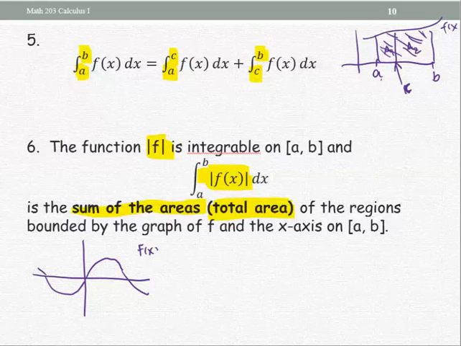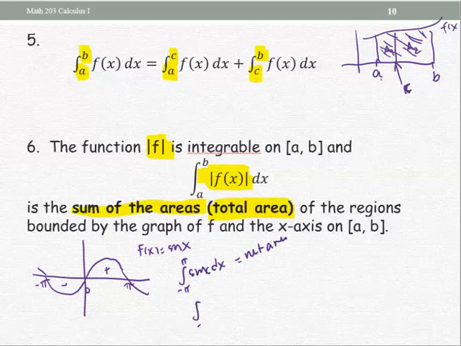For example, f of x equals sine x from negative pi to positive pi. From negative pi to 0, the area is negative. From 0 to pi, it is positive area. The definite integral from negative pi to positive pi of sine x with respect to x will give the net area.